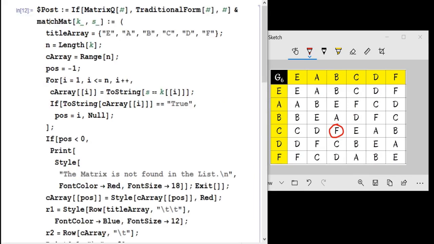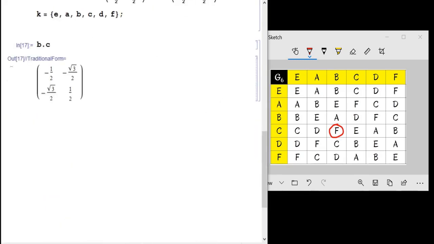That is where my user-defined function match comes in. Now see, if I do the same thing, you have to type the function name match. This is already there. Now put a bracket. Then the first argument is the array of matrices, that is K. There is K here.